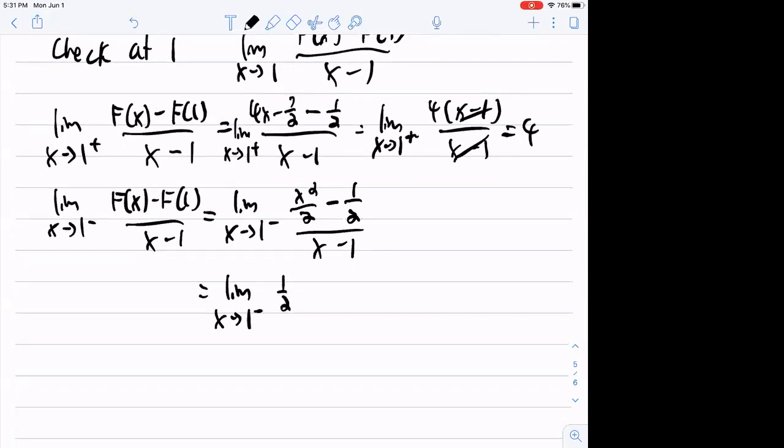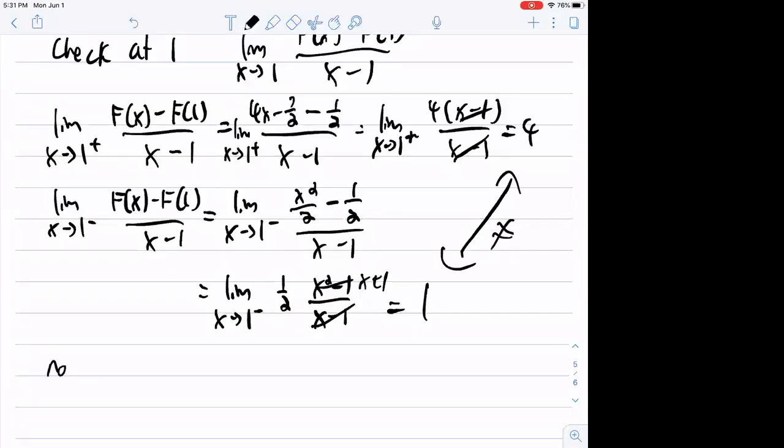If I pull the 1/2 out, it's x squared minus 1 over x minus 1, so this becomes x plus 1. If I plug in 1, I get 1, times a half. And you see that these two are not equal, so it's not differentiable at 1.